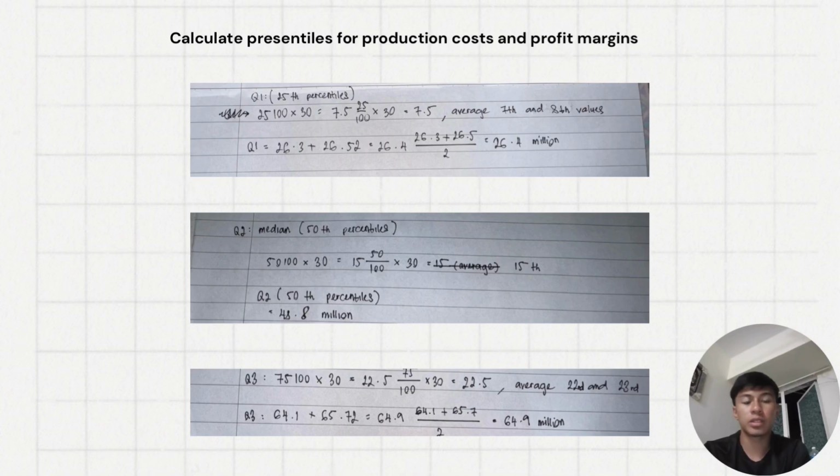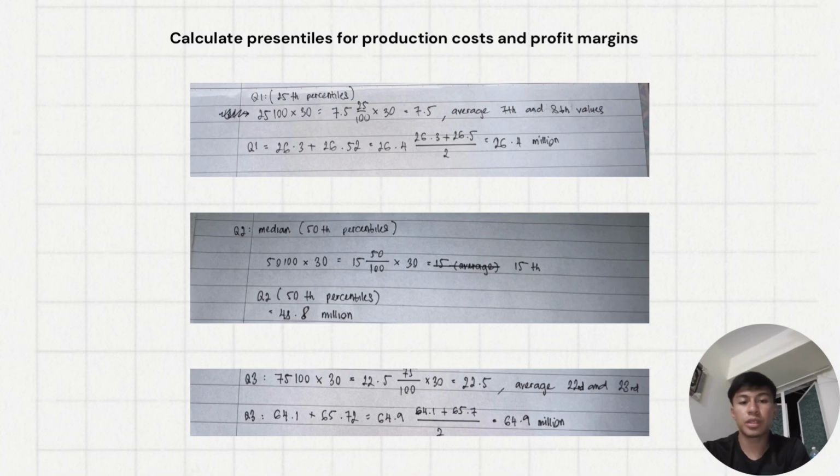So we average the 7th and 8th values: Q1 equals 26.3 plus 26.5 divided by 2, equal to 26.4 million.